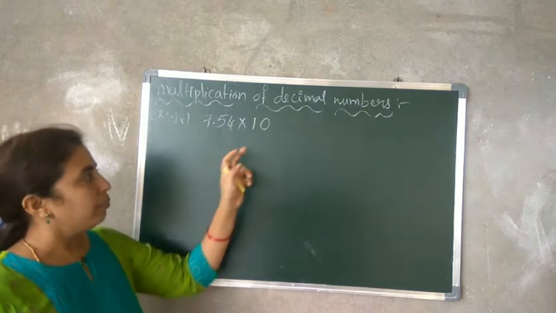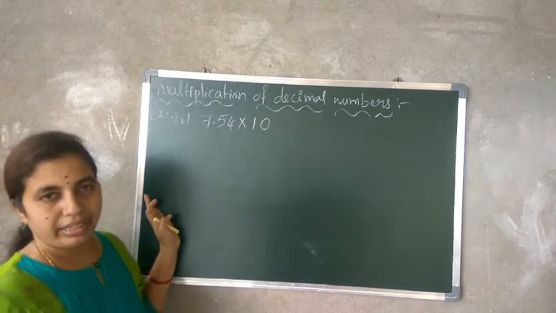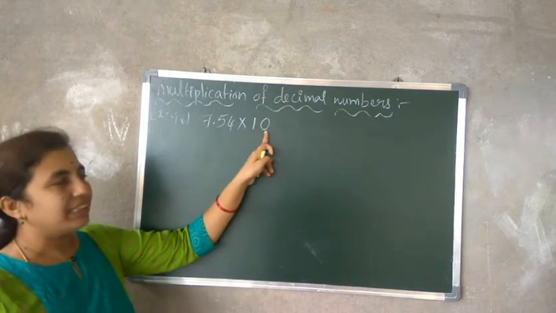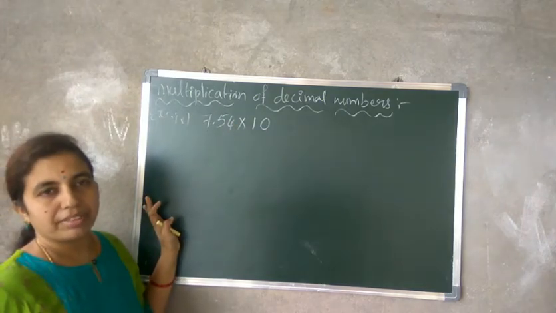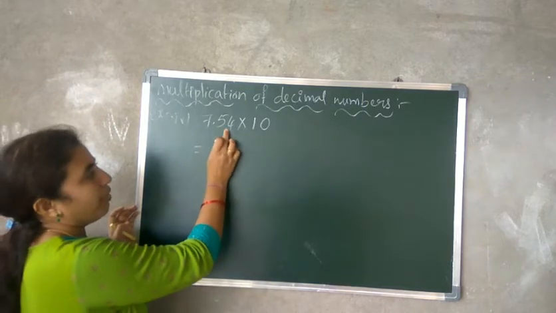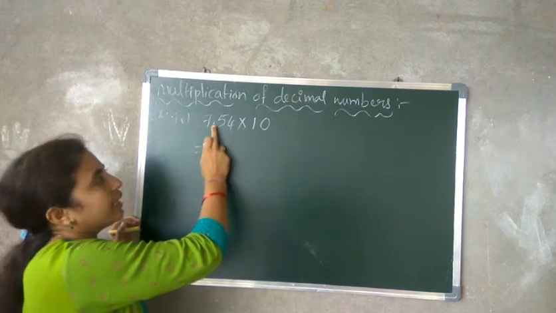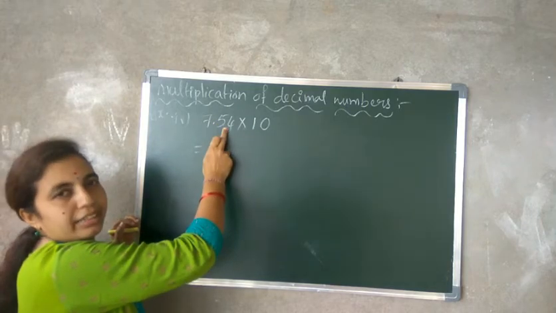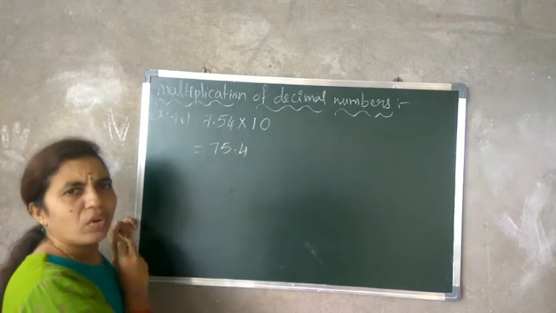Whenever you are multiplying by 10 or 100 or 1000, based on the number of zeros, the decimal will move forward. Here, 7.54: how many zeros do you have? Only one 0. So the decimal will move 1 digit forward, so 75.4. Have you got it?